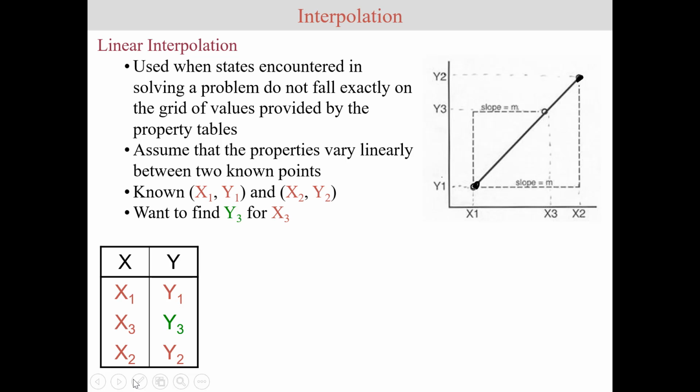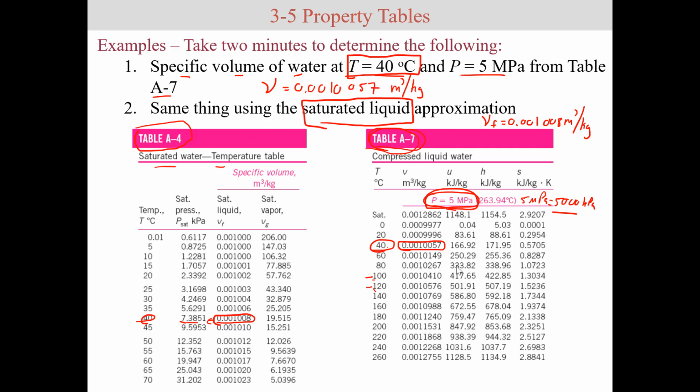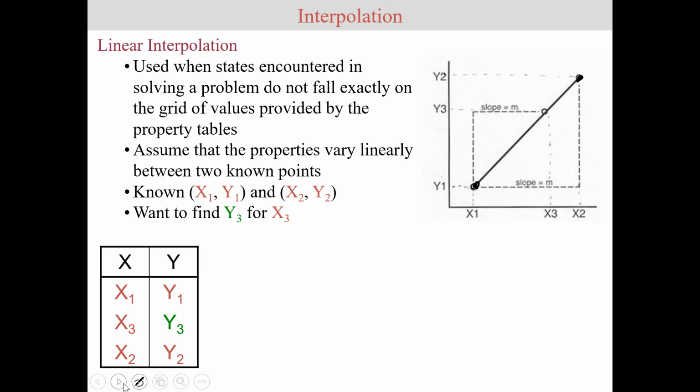Basically, linear interpolation means that these values change linearly between entries. It's used when states encountered in solving a problem do not fall exactly on the grid values provided by the tables. So we assume that the properties vary linearly between two known points.